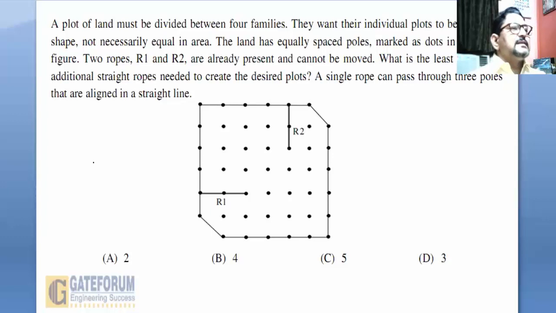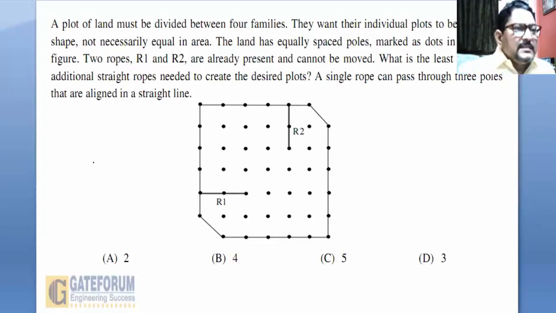Okay, what is this? A plot of land must be divided between 4 families. They want their individual plots to be similar in shape, though not necessarily equal in area, my apologies. So shape must be the same, area may not be the same.